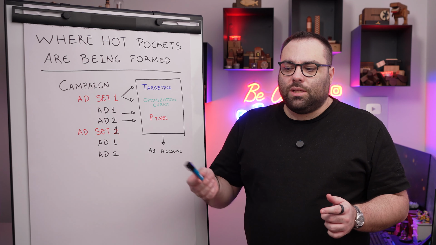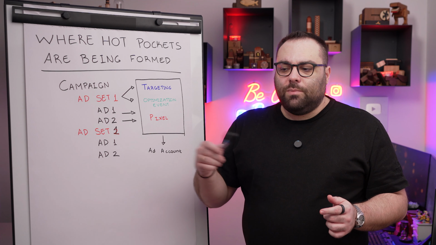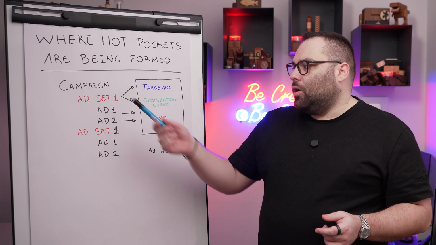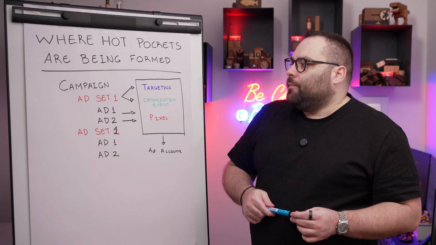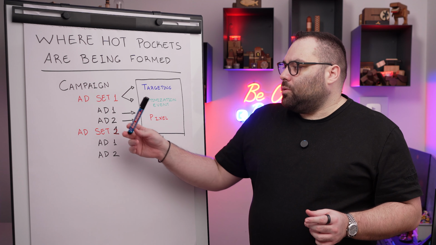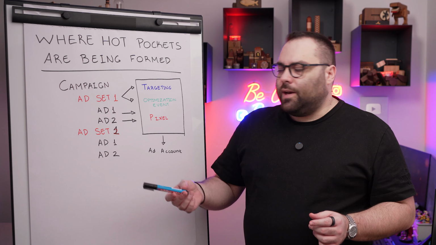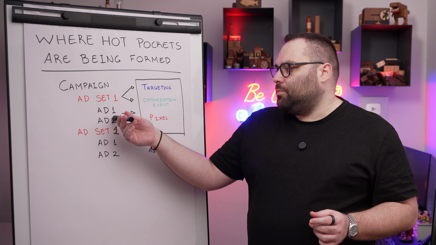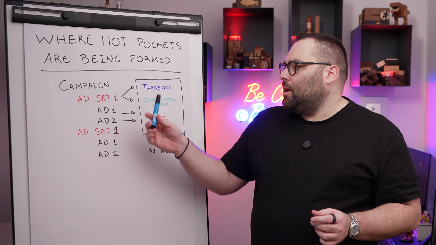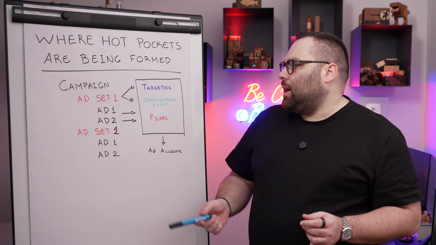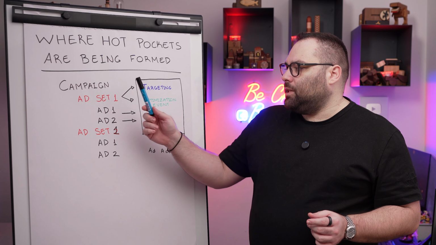And I could see that I could have different results between the ads, which means that the hot pockets are being formed on the ad level and not on the ad set level. But because CBO is something that I was optimizing on the ad set level, I always thought it was being formed there. After the coming of ASC, I changed my opinion and I believe that it's being formed on the ad level, and the optimization event continues to happen on the ad set level, because the targeting of the optimization is here.